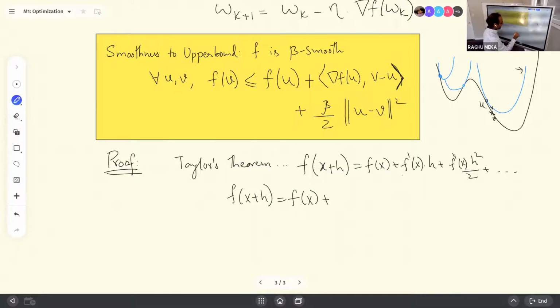Okay, so basically, usually you write it as this infinite series, but there is a closed form expression for what comes up when I stop, and that's called the remainder term, and that's something like this.